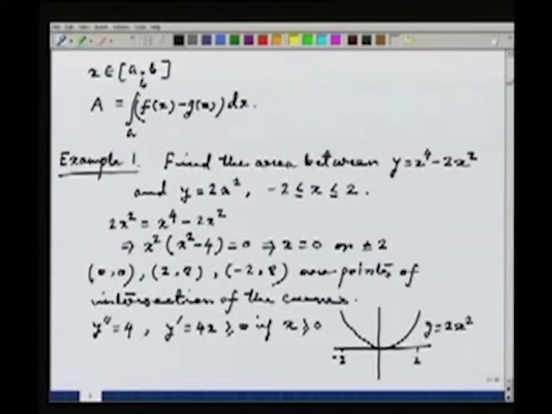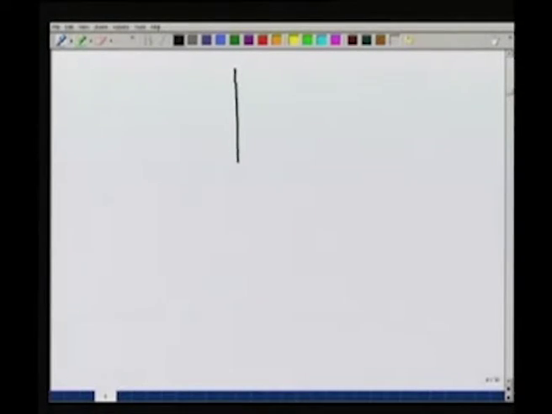Now comes the second one. So I will try to draw both the curves here so that I can make out the difference. One is the x-axis, the other one is the y-axis. I already know y equals 2x square looks like this.